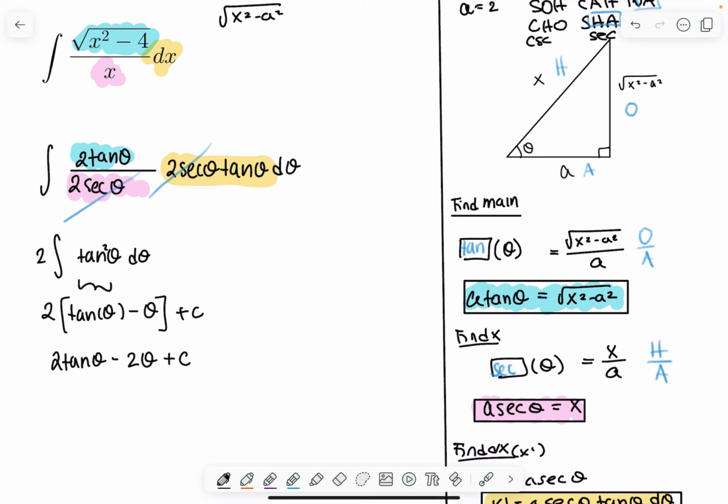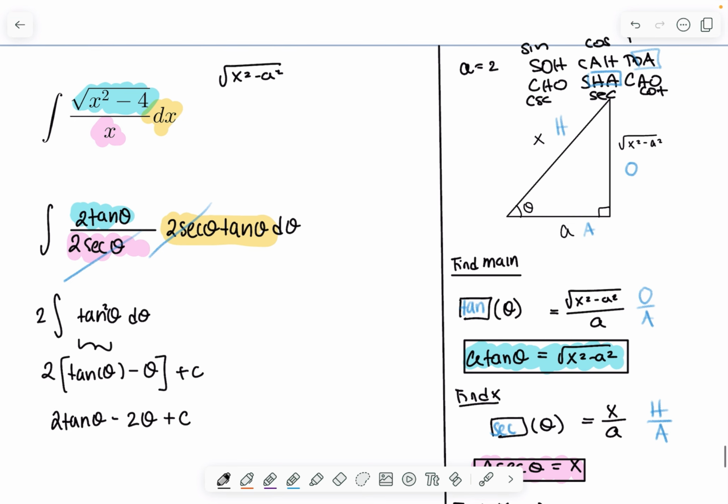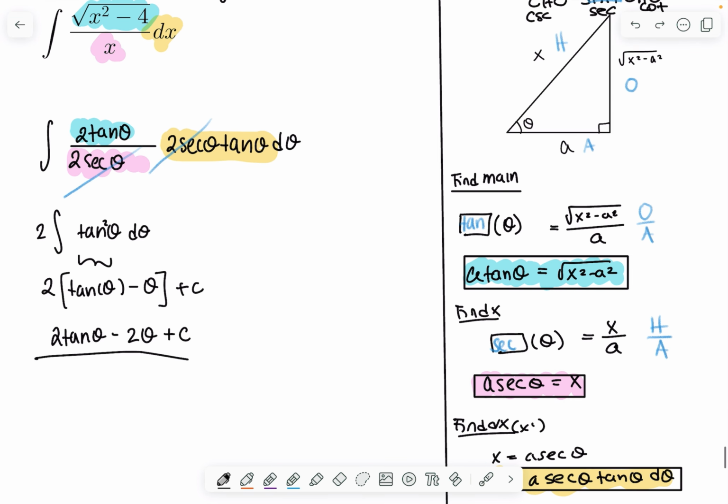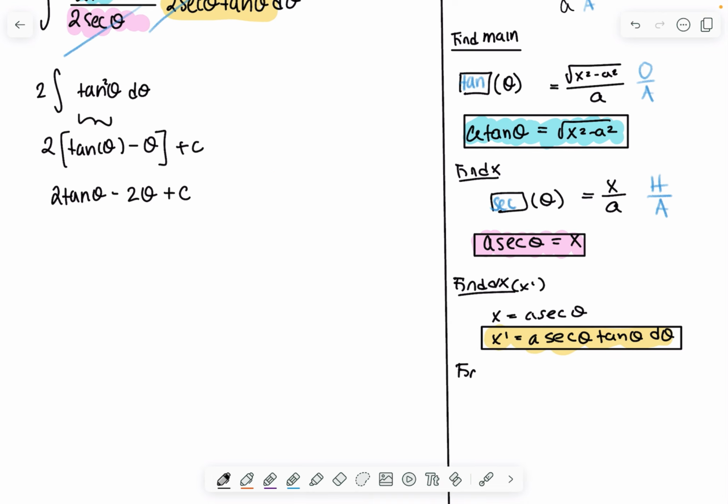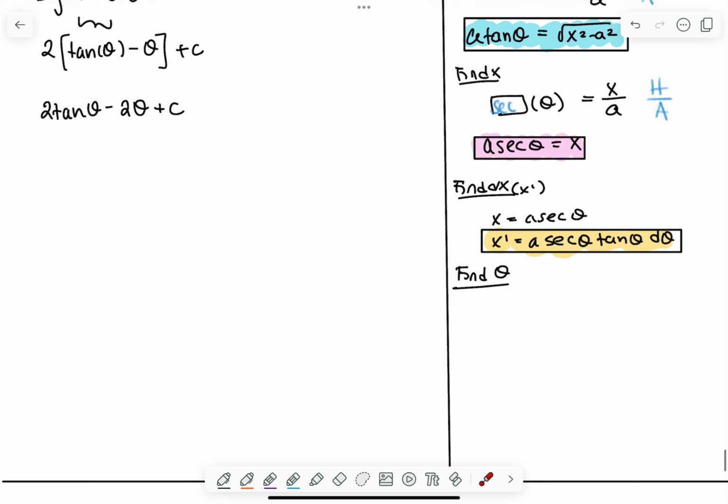And then because it's an indefinite integral, we have to put our answer back in terms of the original variable, which was x, because right now this is our answer, but it's in terms of theta. So we don't want to leave it in terms of theta. We actually want to get the real answer. So we actually have to find what theta is. So I always use this equation where I solve for x to solve for theta.